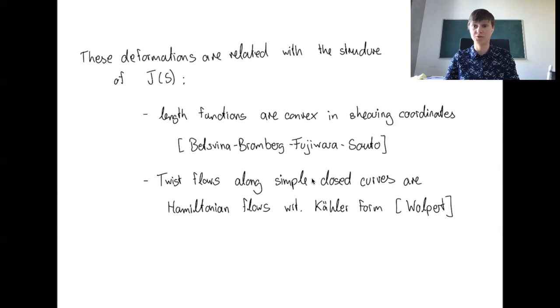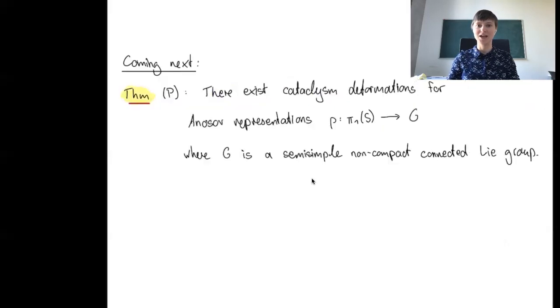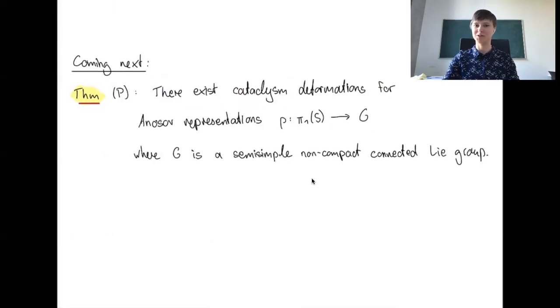And for that, one first needs to know, well, what are cataclysm deformations for Anosov representations? And this is a small advertisement for the second part of my talk, where I will talk about my theorem that tells you that cataclysm deformations exist for Anosov representations into a semi-simple non-compact connected Lie group G.